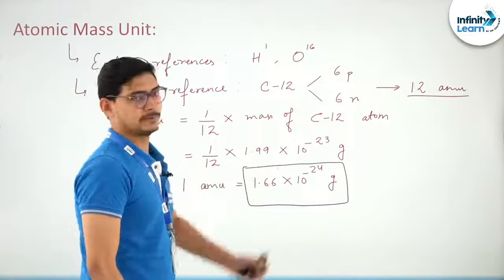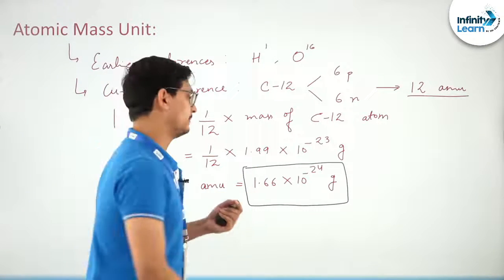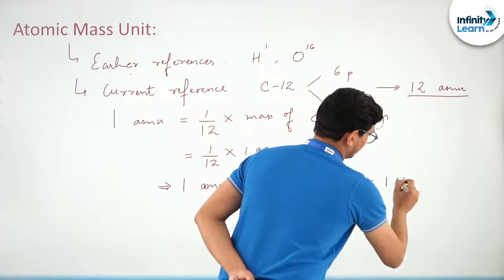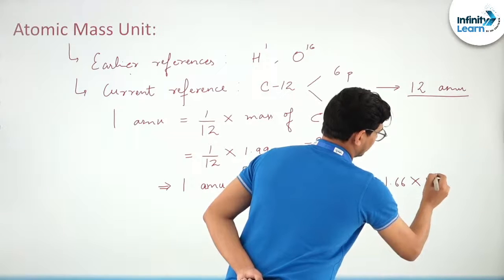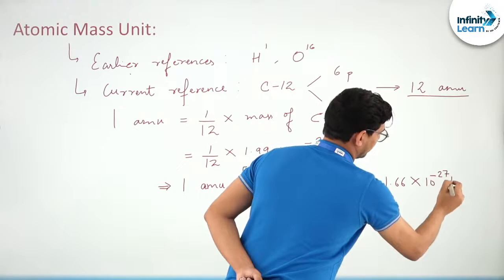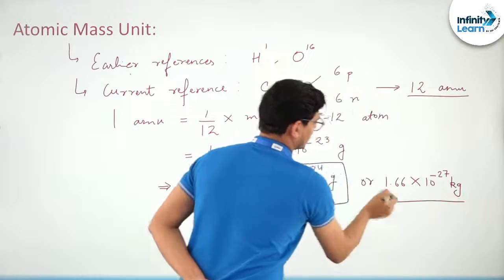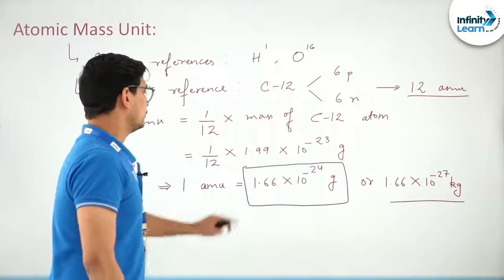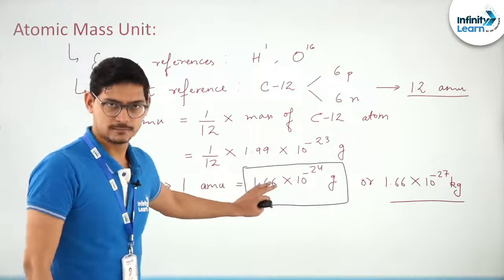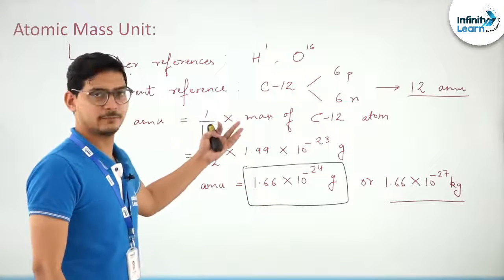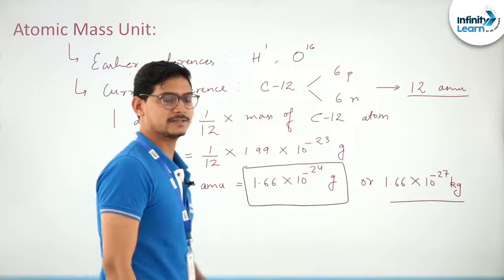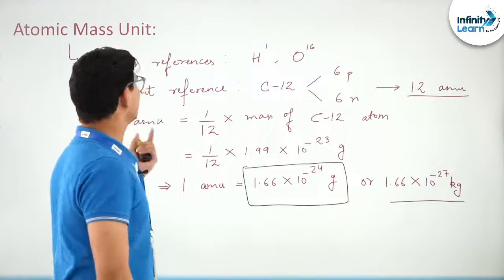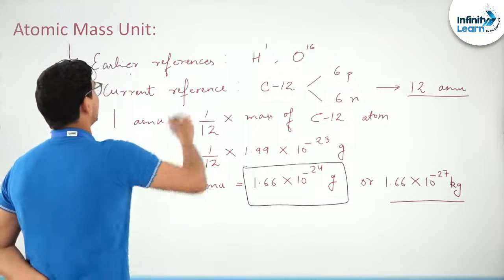Because 1 gram is 10 raised to the power minus 3 kilogram, you can also express it as 1.66 into 10 to the minus 27 kilogram. Alright. So you should remember this value by heart, because in mole concept or in some relevant places we will be frequently using this value. Is that okay? So you should also know that the symbol of atomic mass unit is AMU.